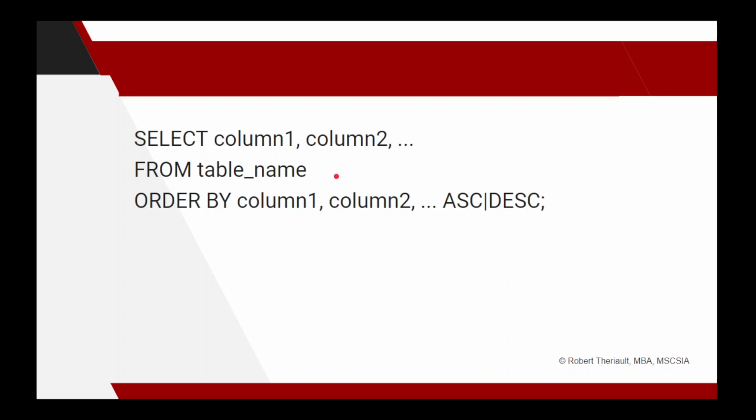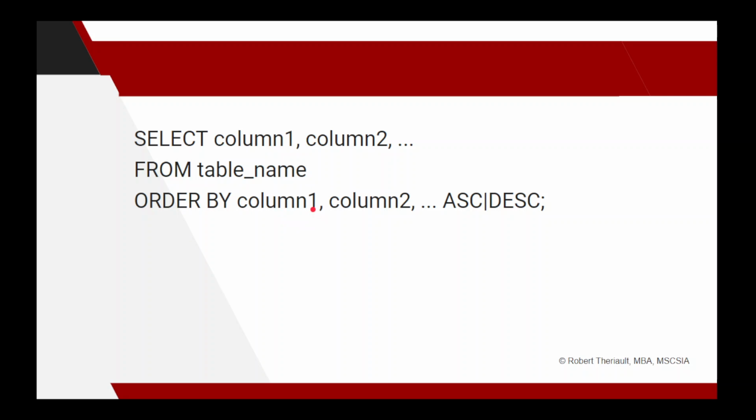So the actual command you're looking for is ORDER BY, right? The keyword is ORDER BY, and then column 1 first. So if it's first names and last names, you can get all the last names, and then order by the first names when people have the same last names, and then ascending or descending. Again, these are keywords, so you don't have to.